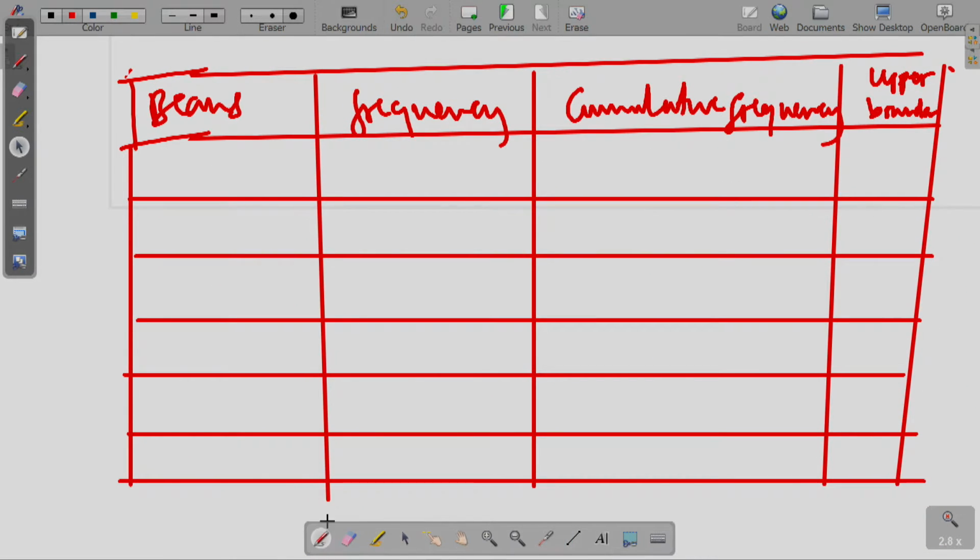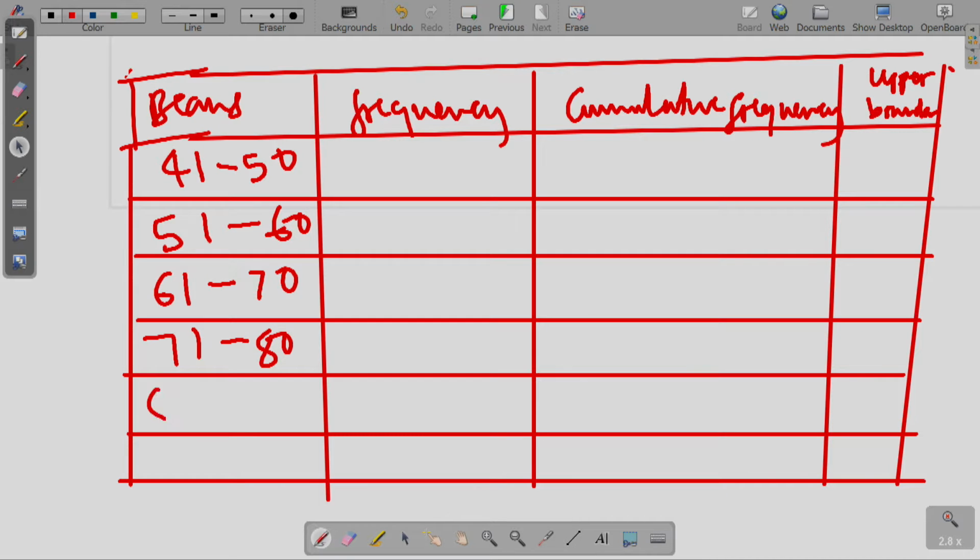So let's fill our table. We have 41 up to 50, 51 up to 60, 61 up to 70, 71 up to 80, 81 up to 90, 91 up to 100. And here we have frequencies 3, 10, 2, 5, 4, 3.